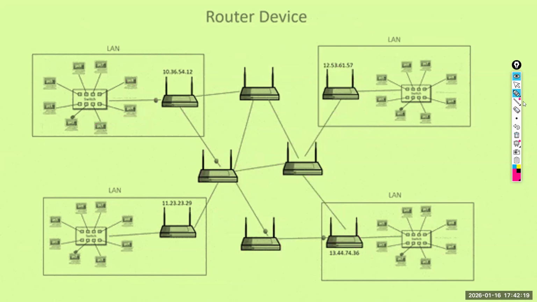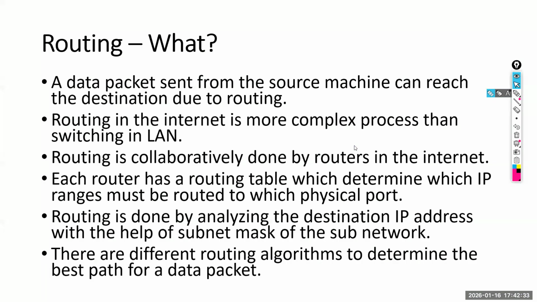Okay. So you need to understand this, not at a very technical level, but at a reasonably conceptual level. Okay. So therefore, yes, it's a more complex task. It's based on layer 3, the network layer.